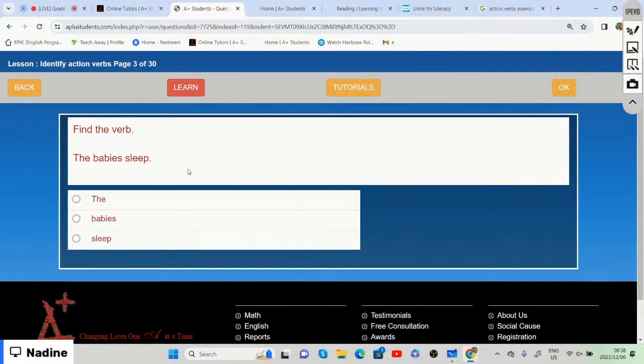So the babies sleep. Yes, and we're going to choose sleep, because it tells us what the babies are doing. So the babies, they sleep.